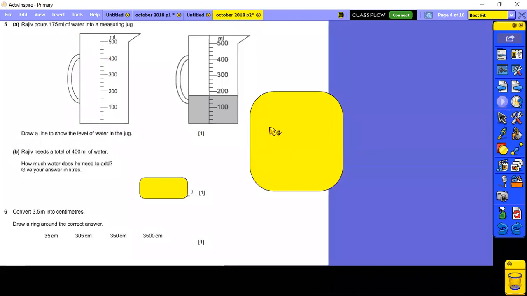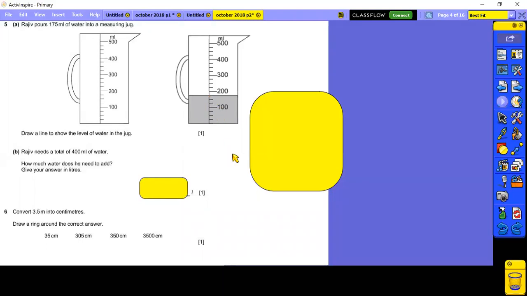Let's go to the answer. The right answer here is saying Rajiv pours 175. No, Marwan, the answer you did here is wrong. It should be here, 175. You know the distance from 100 to 200 here, 1, 2, 3, 4. So you divide the 100 into 4 equal parts. So this is 125, 150, 175, okay?